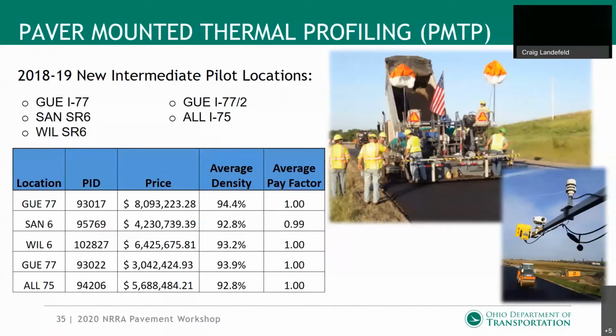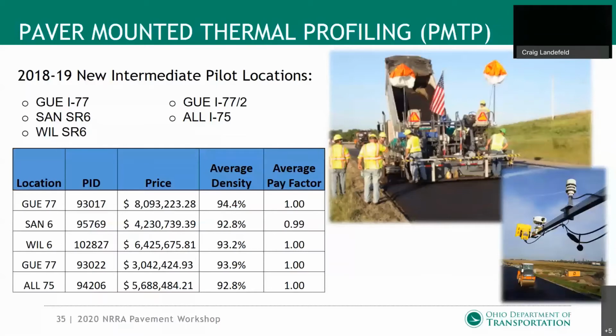We thought as we start to evaluate this new 12.5 intermediate and its segregation potential, that we could get back into the paver mounted thermal profilers and utilize that to evaluate some of the segregation potential on some different pilot projects. So what we did was we selected the 5 projects that you see here.